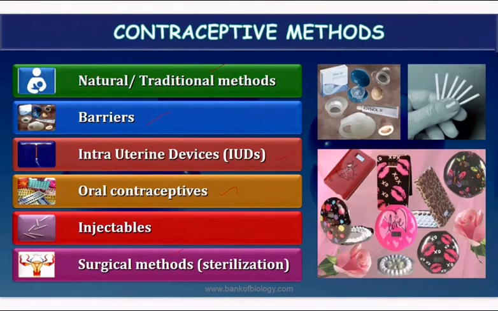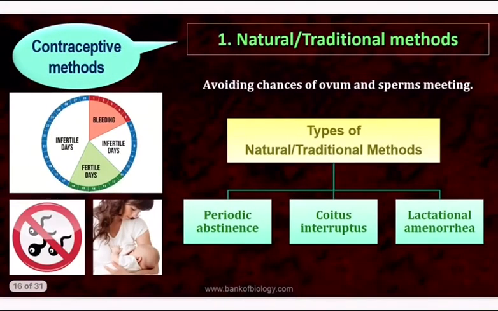And of course, if nothing works out, surgery, surgical methods, sterilization. So temporary methods include natural methods, barrier methods, IUDs, oral contraceptives, and subcutaneous implants and hormonal injections also is available now. These are the temporary methods. And the permanent one, of course, is the surgical one.